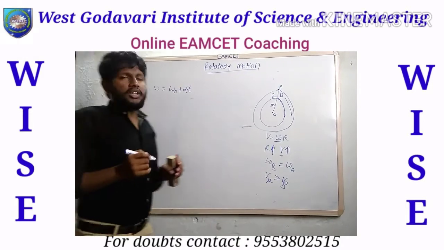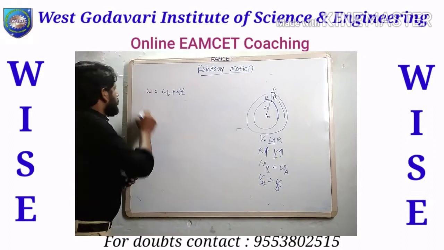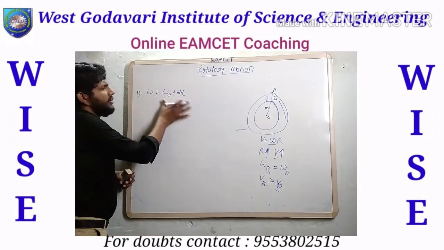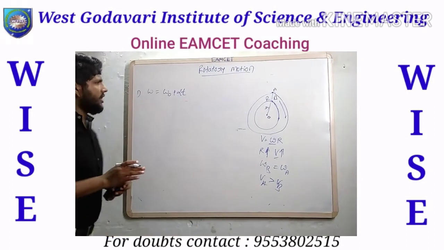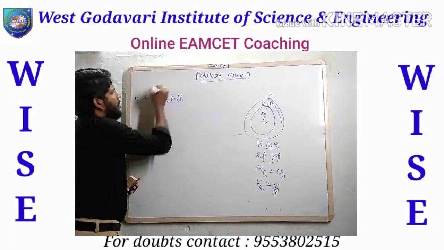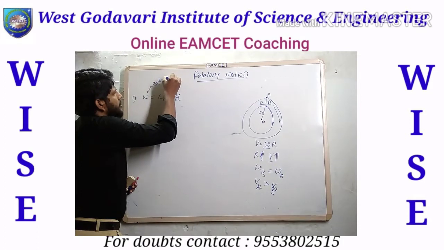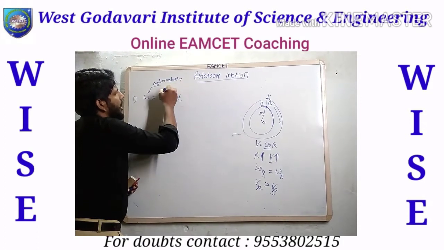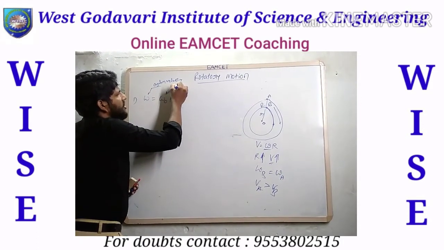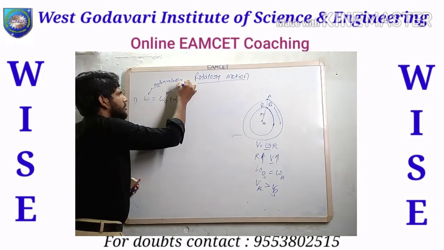This is the equation we have. Now the question is, what are the elements in this equation? Here w means the final angular velocity, and omega naught means the initial angular velocity.